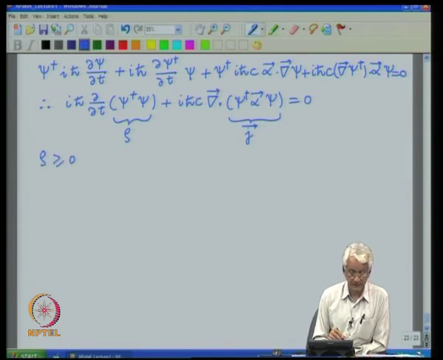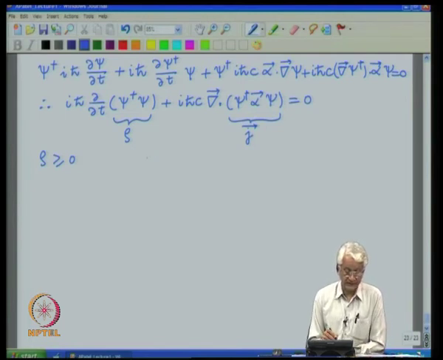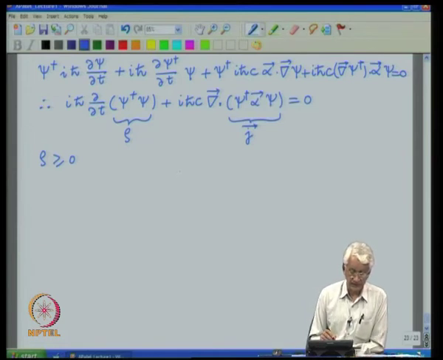The positive definite character of the density now makes its identification convenient, that you can call it a probability density or a number density, and that saves the trouble which was the inconvenient feature in case of Klein-Gordon equation, and Dirac thought he had surmounted the problem of the negative density and its interpretation in terms of charges instead of numbers, and also the associated ambiguity in the signs of the energy.